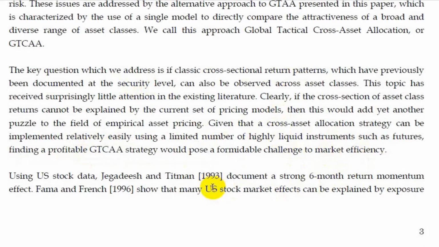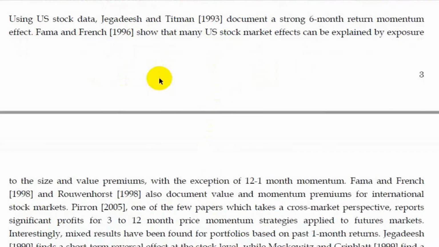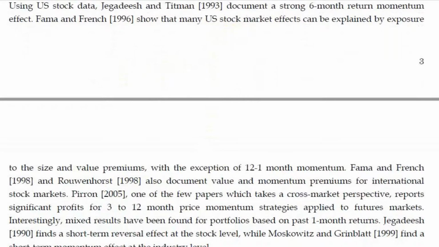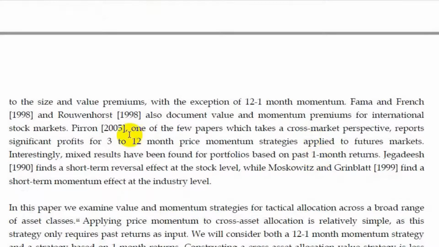So now they're going through a few previous papers, like Jegadeesh and Titman's 93 paper that found strong momentum returns over the next 6 months, and Fama French in 96, who found that size and value premiums can explain market returns, and they introduced the 12-1 month momentum strategy as well.